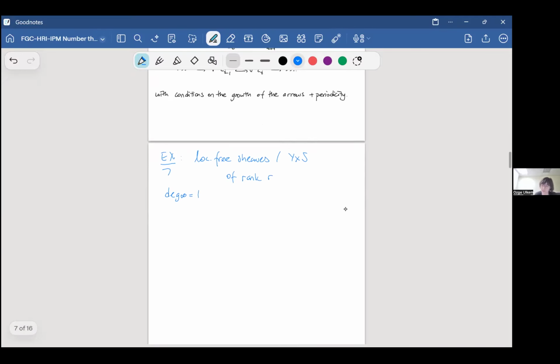Everything holds for higher degree as well. What's the easiest locally free sheaf over Y times S? Just take the structure sheaf, right? And I want rank r, so let's make it of rank r. Okay, I define E0 to be this.